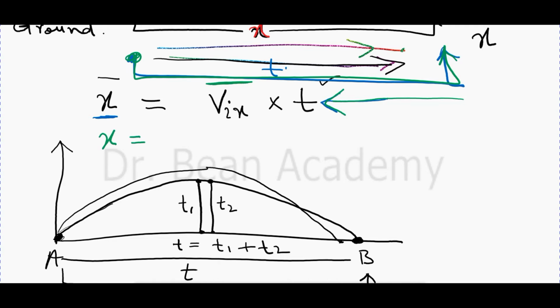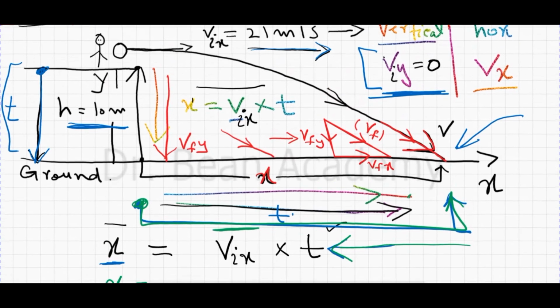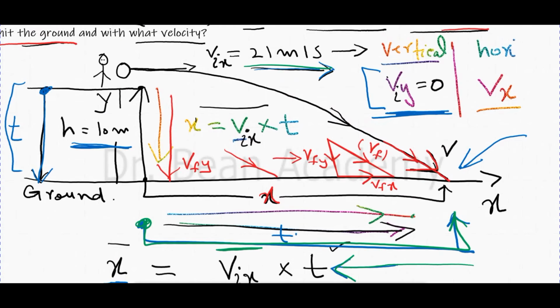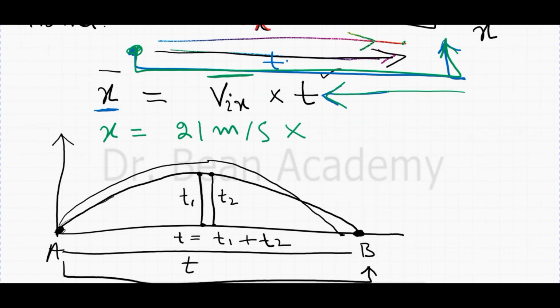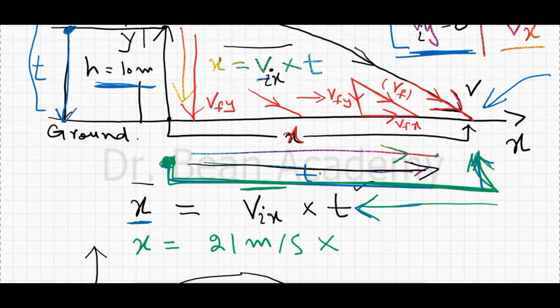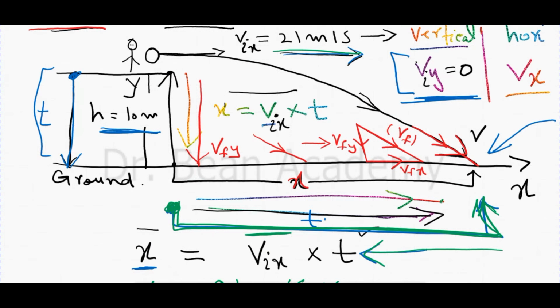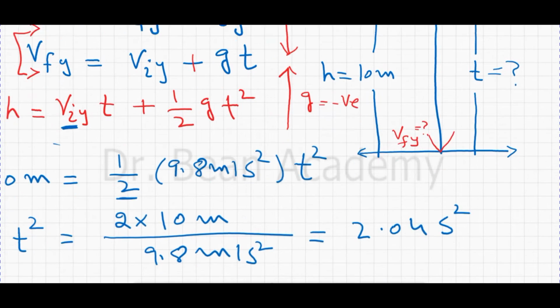So x equals vix t, the vix, the horizontal component of the velocity, is 21 meter per second, multiplied by the time t it will take for the body from the initial point to hit the ground, and we have calculated this time down here.